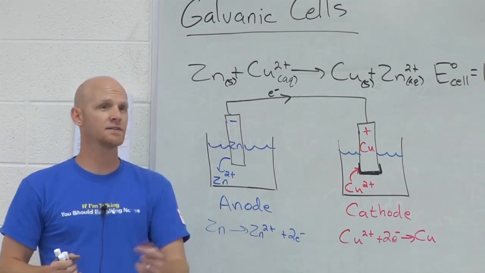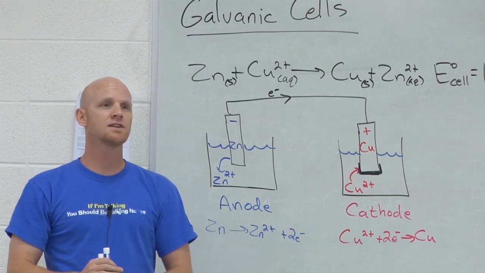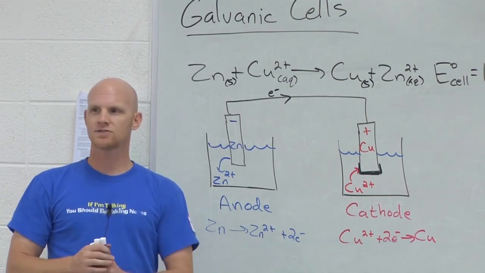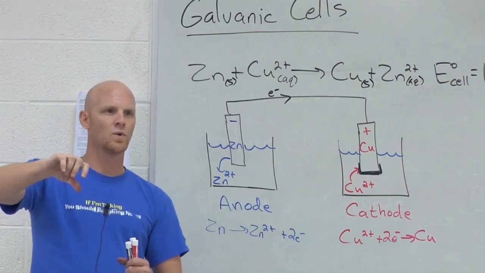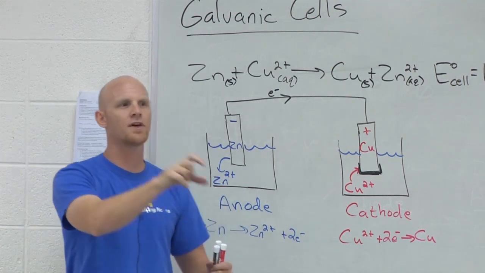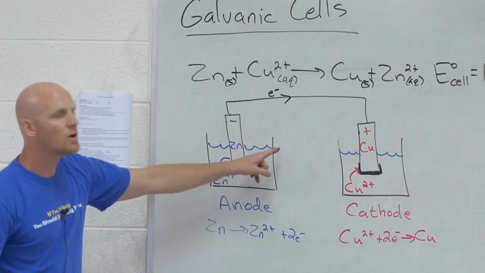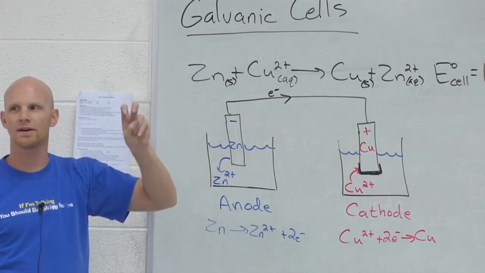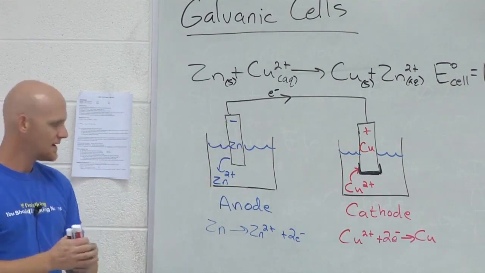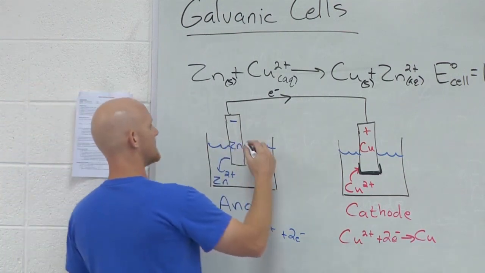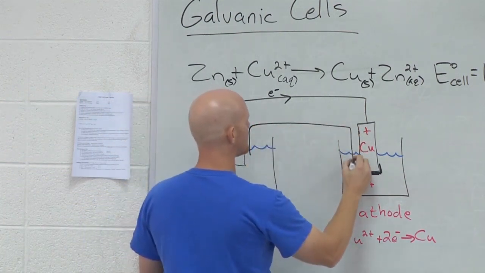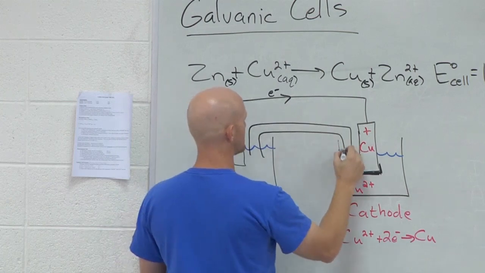It wasn't connected, and my car wouldn't start because it was an incomplete circuit, right? The circuit has to flow from one terminal all the way through the car and back to the other terminal, because the electricity has to flow in a circle. Right now we have an incomplete circuit, and it's a dead battery. And so the last part of a galvanic cell is something that connects the solutions.